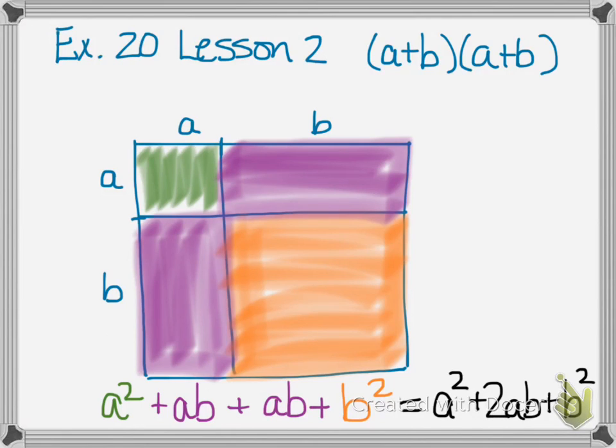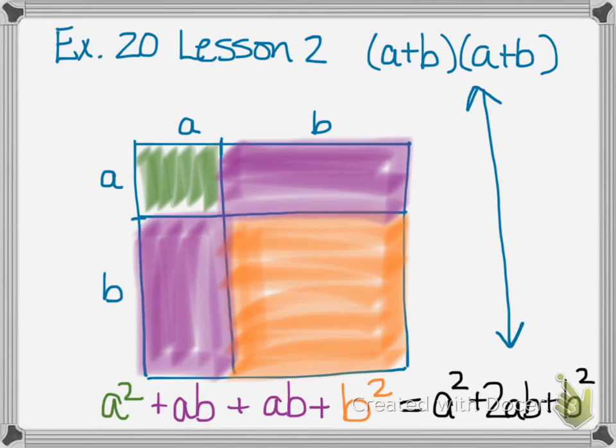So what we've shown is that this expression up here is the same as this expression down here, which is what we showed on the video as well. But I didn't do it with the area model. I really like the area model. It really helps to show where each of those individual terms is coming from.